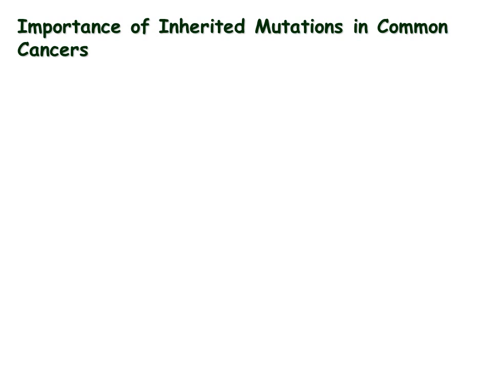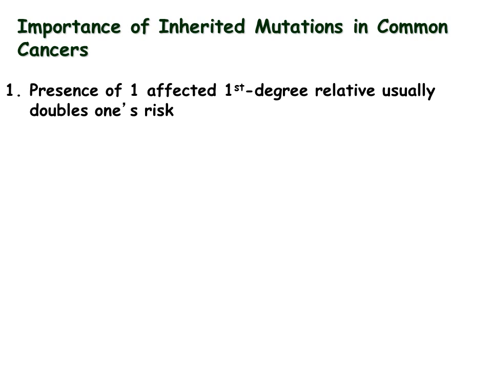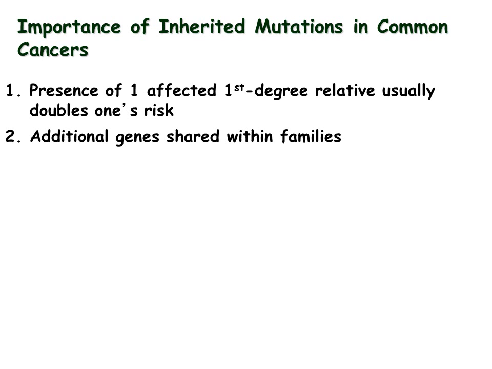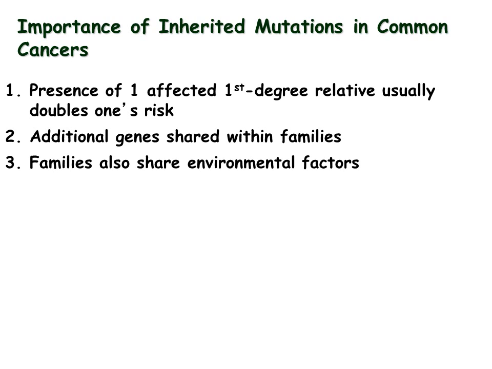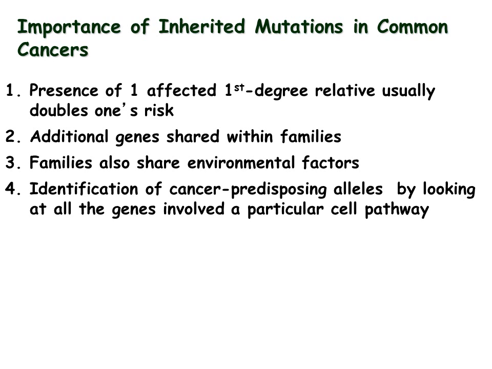But the importance of inherited mutations in common cancers, well, the presence of one affected first-degree relative usually doubles one's risk. Okay. Additional genes are shared within different families. Families, however, also share environmental factors, so sometimes it can be hard to determine what's really important.